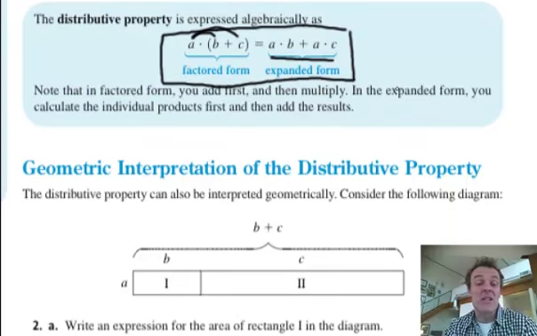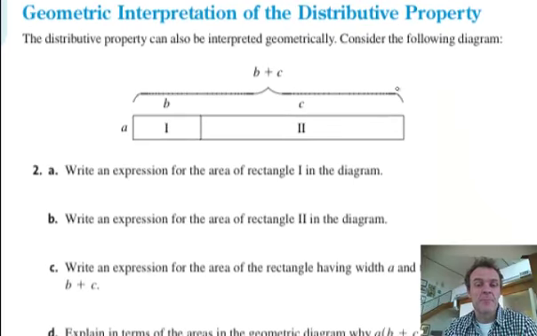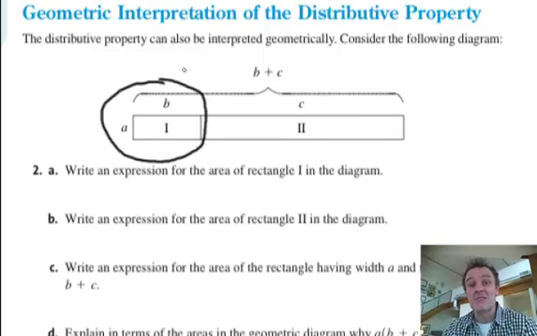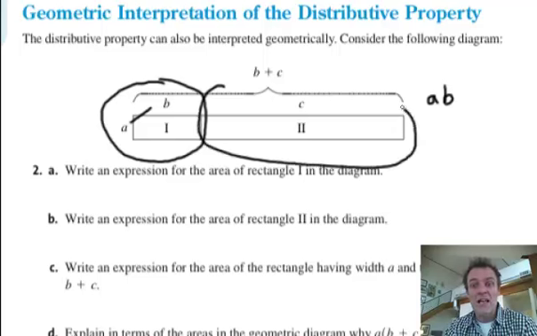So, here's a good explanation down here. What is the area of that rectangle? It's A times B, which is AB. What is the area of this rectangle?